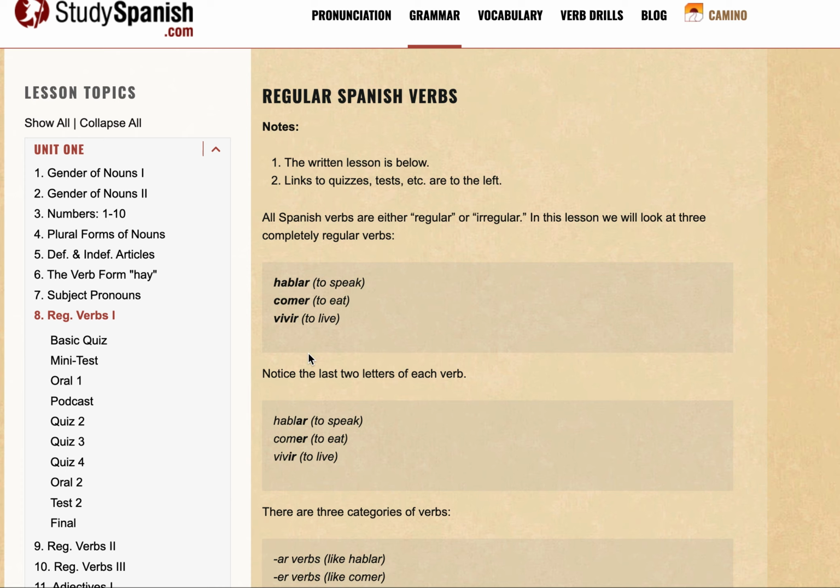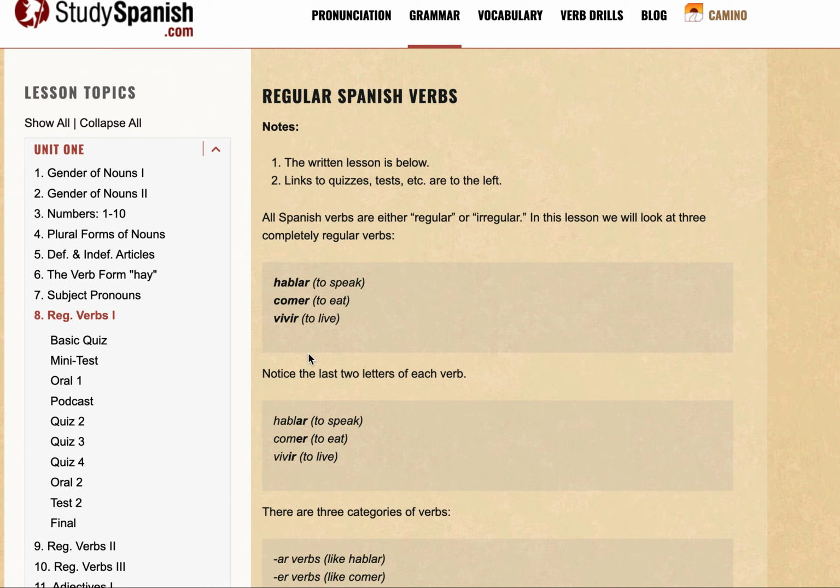So for yo, we remove the ending of the verb and add o, and the way to remember it is that yo contains an o. So you can use o and conjugate the verb. In the case of hablar, it'll be yo hablo.